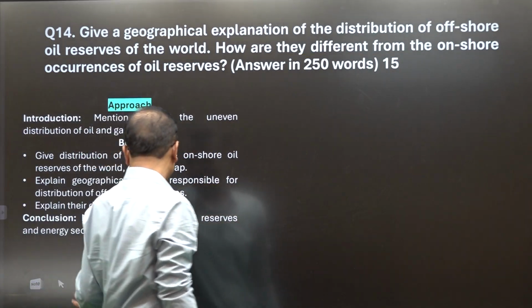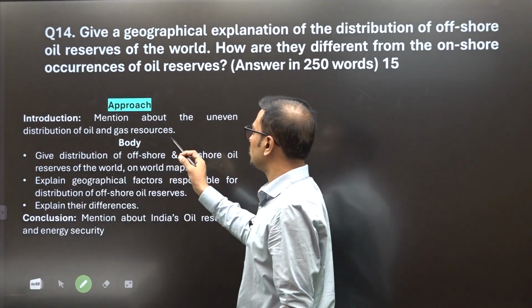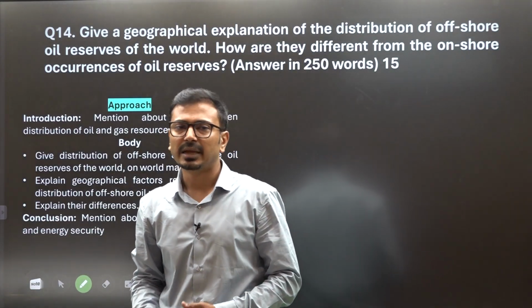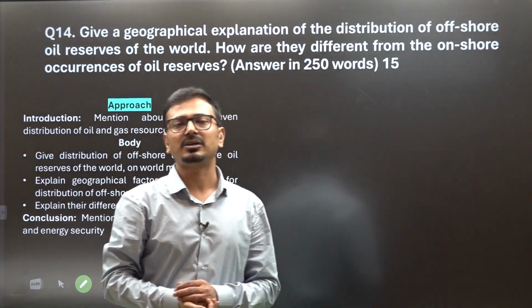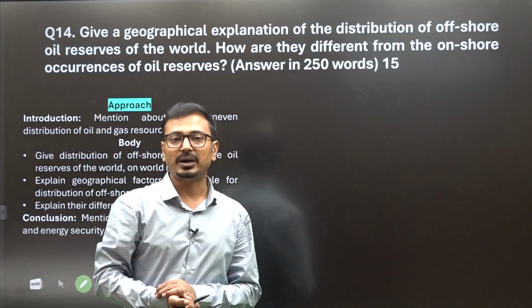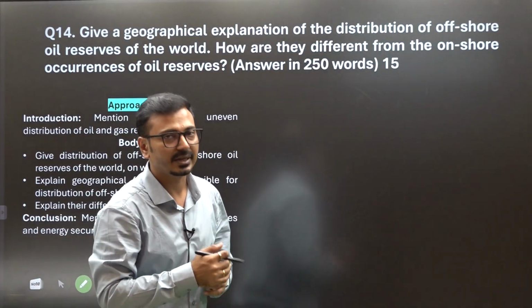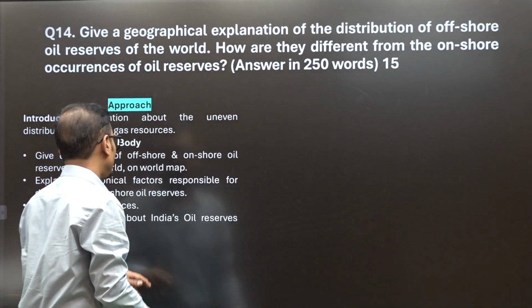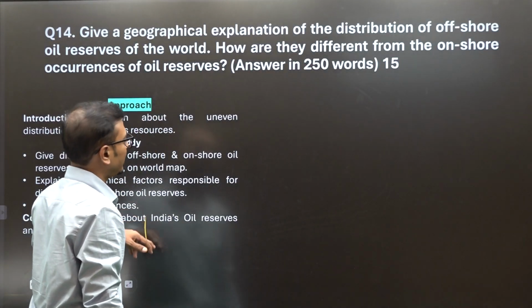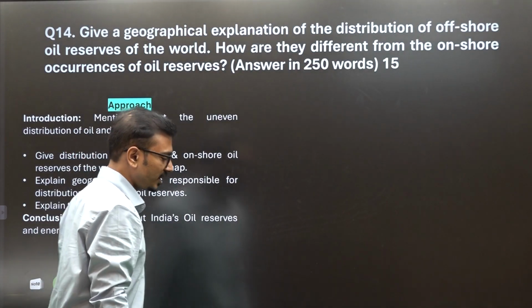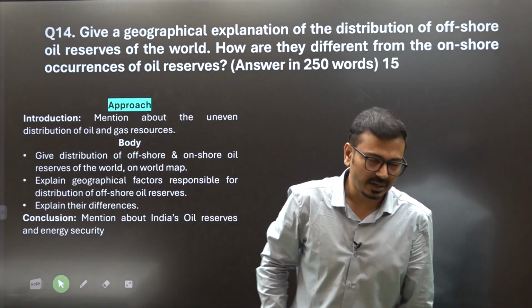Now, when we are talking here about the distribution of oil and gas reserves, yes, it is skewed. That means it is limited to certain parts of the world, and that's why their supply is always prone to disruption. Many times you can see the Gulf War, or the Ukraine Russia war, or the Iran Israel war, or the US Iran conflict.